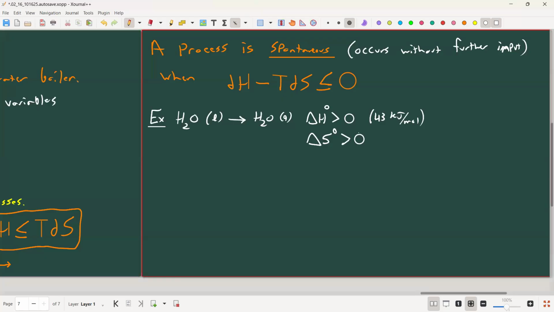Okay. So when entropy is positive, that gives a driving force to the process, because a process wants the entropy to increase. So this provides this increase of entropy to provide some driving force.